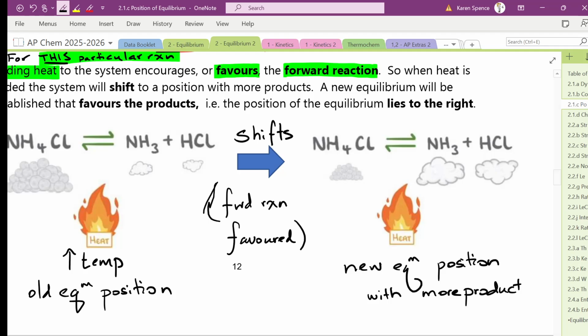If the forward reaction is favored, if we're making product more, in terms of the rates of the forward and the reverse. Have a chat with your neighbor about that. What does this mean in terms of forward rate and reverse rate?